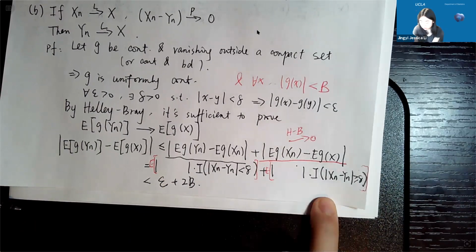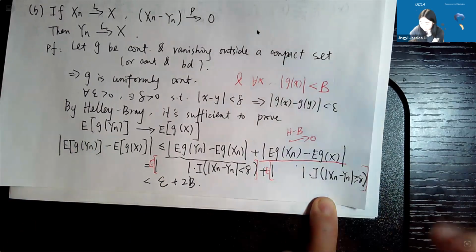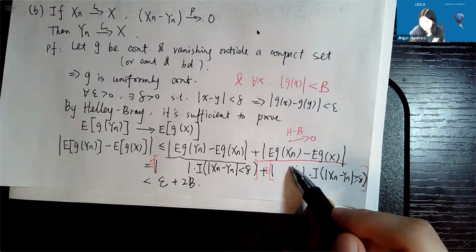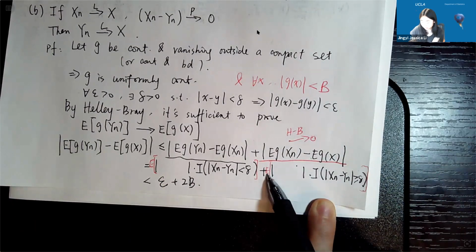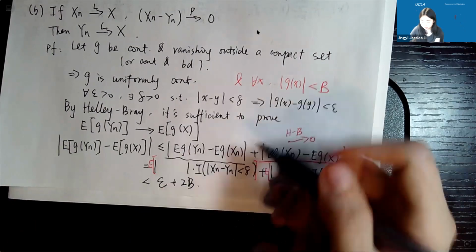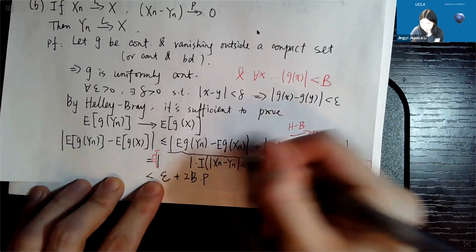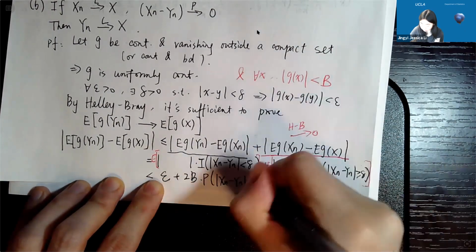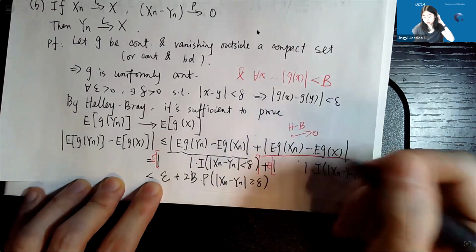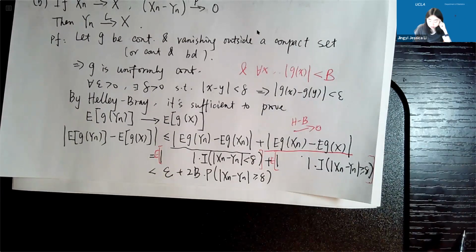So for the second term, you see, once I get this thing upper bounded by b and get it out of expectation, then I have expectation of indicator. That becomes a probability. So I get a probability that Xn minus Yn is greater or equal than delta. That's it. I get this upper bound.